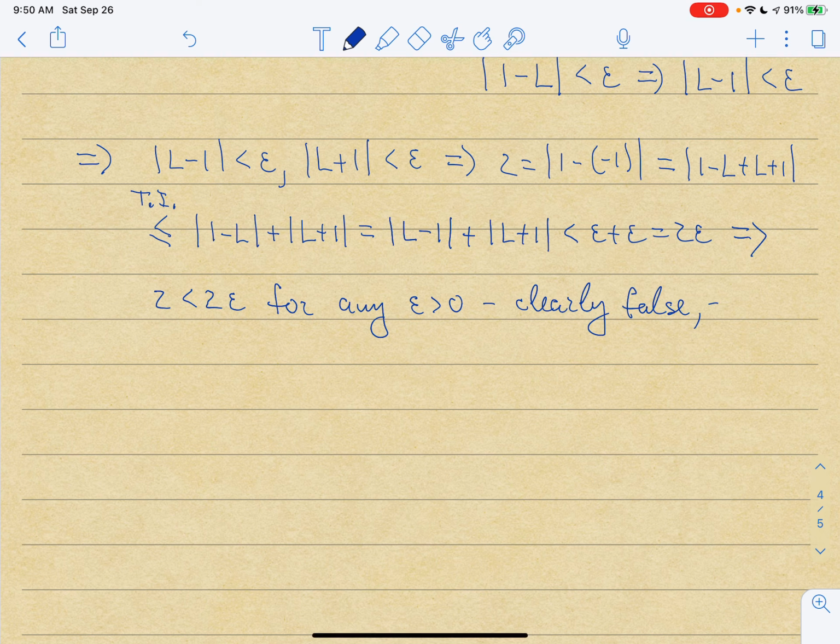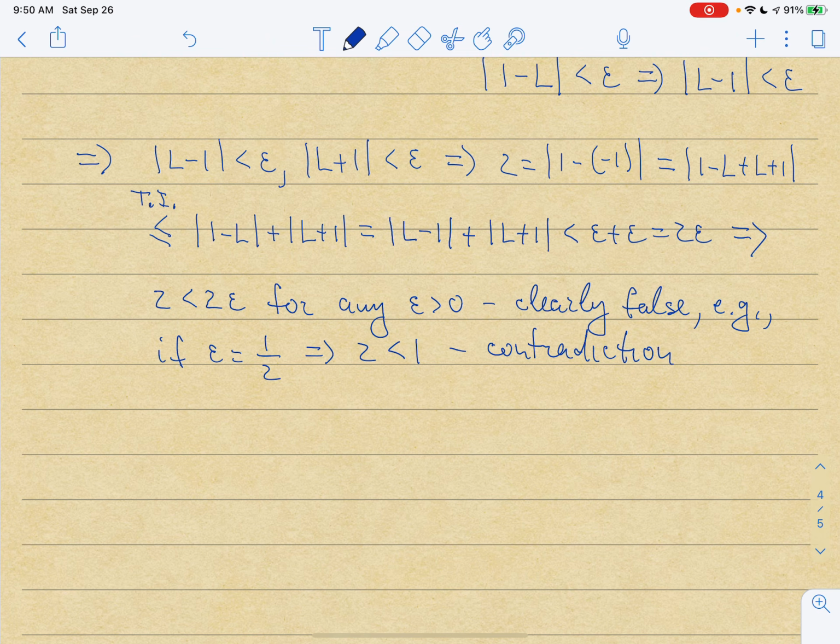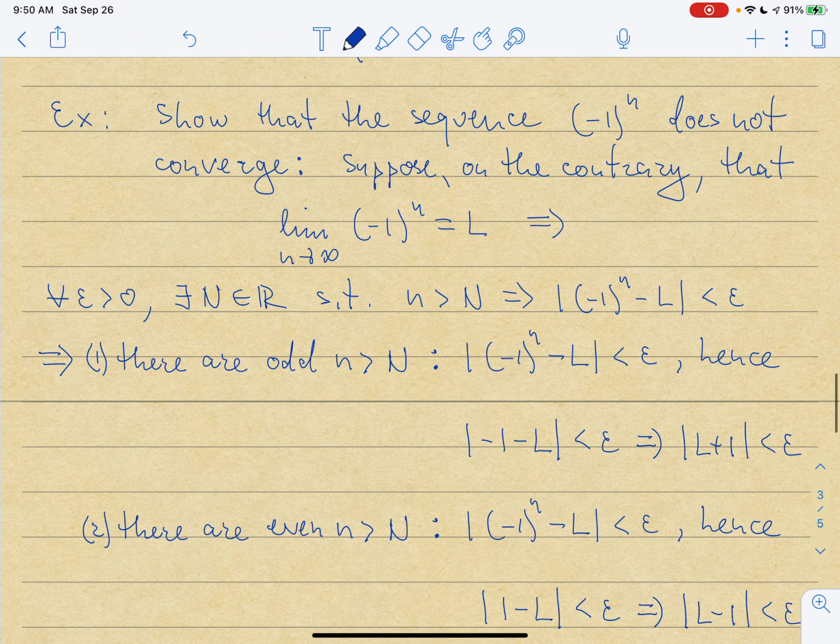For example, I can take epsilon equal to 1/2. Right, because if epsilon is equal to 1/2, then I'm going to get 2 is less than 1, which is a contradiction. So we got a contradiction. And that means that our original assumption that the limit of minus 1 to the n is equal to L is false.